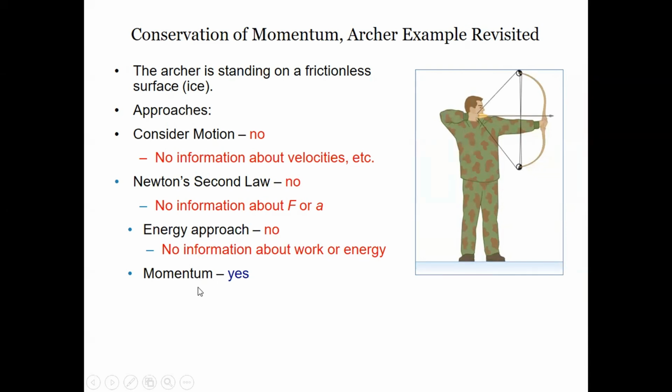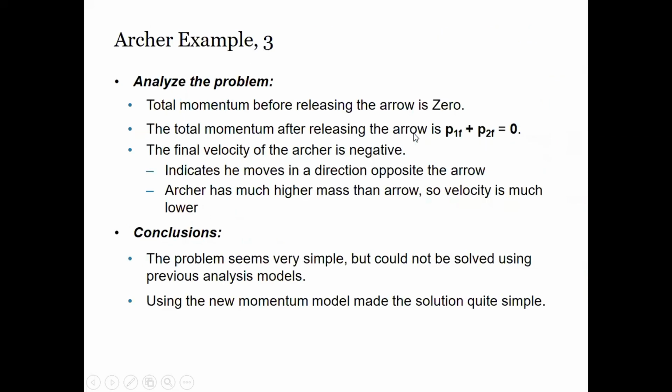However, if the momentum information is available and we know the momentum given to this arrow, then we can assess how the person will slip and how the change or the conservation of the momentum will dictate the velocities. So in solving such problems, the total momentum before the arrow is released is zero.